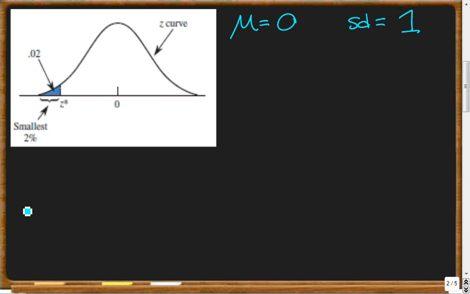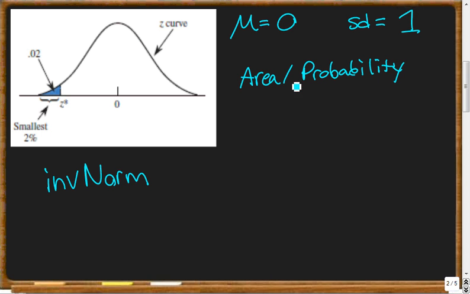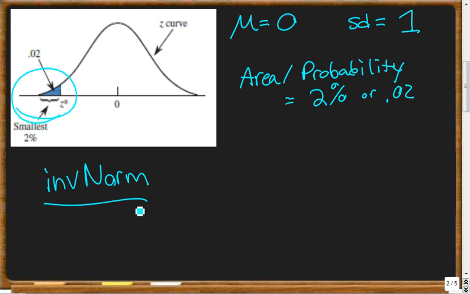So this is one where we're going to use our inverse norm function. We are going backwards. We know what the area is, right? So the area, or probability, is 2%, or 0.02. That's the area underneath, to the left. This function is going to tell us what our z-score is that encapsulates an area below it.